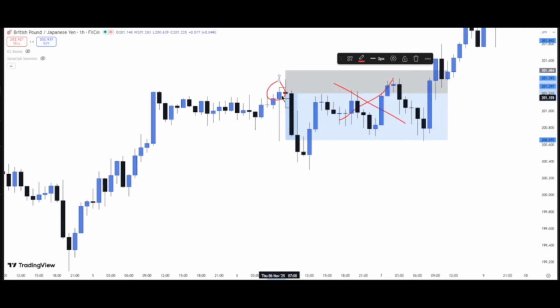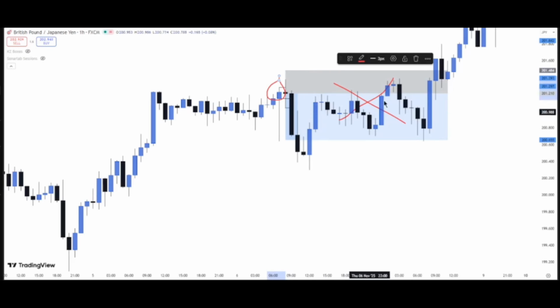As you can see, look at the body. Look at the percentage of the body compared to the percentage of the wick. This is not the red candle I'm talking about. So with this, it disqualifies this setup. This is not a high probability setup.